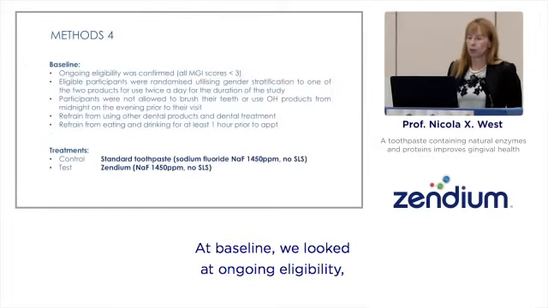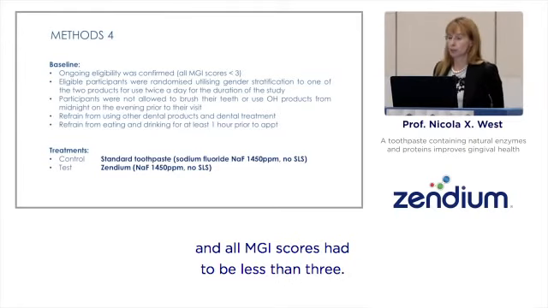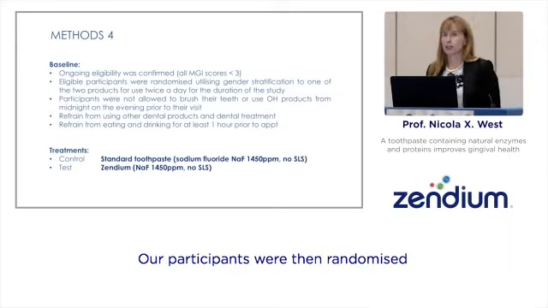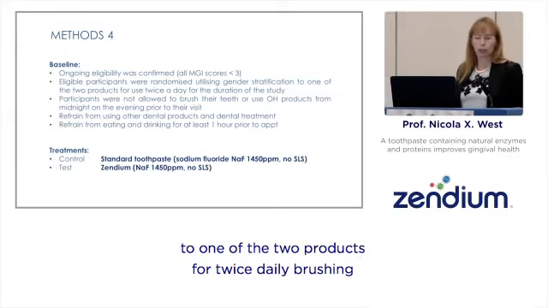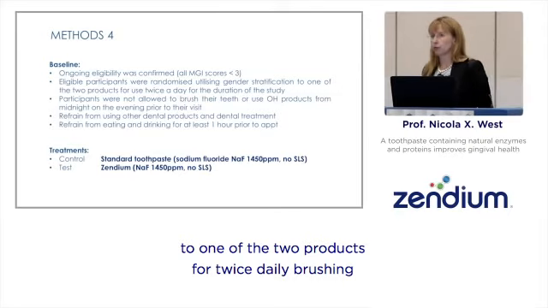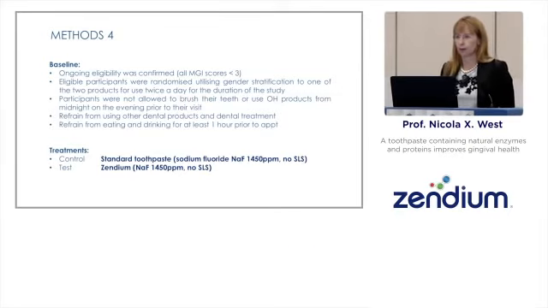At baseline, we looked at ongoing eligibility, and all MGI scores had to be less than 3. Our participants were then randomised using a gender stratification to one of the two products for twice daily brushing for the duration of the study.